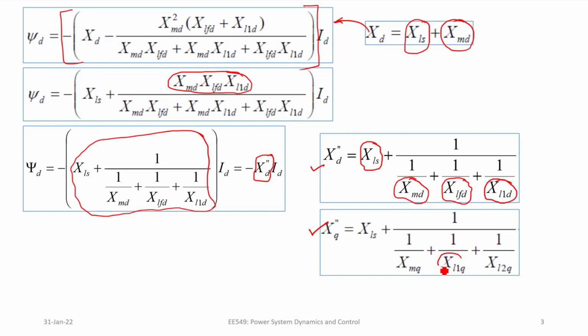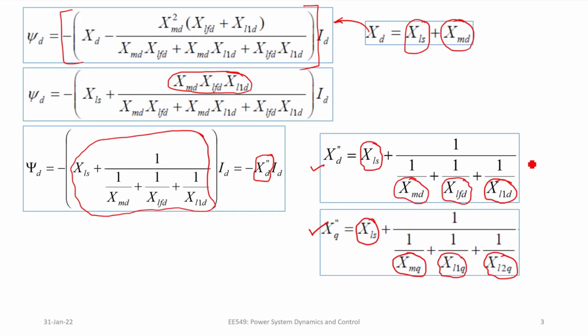So these are the two q-axis damper winding leakage reactances, and this is your q-axis mutual reactance, right? And this is your leakage reactance of the stator. Okay, so now these terms are clear.